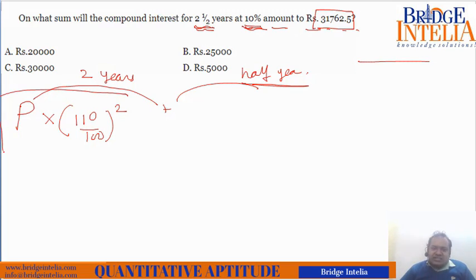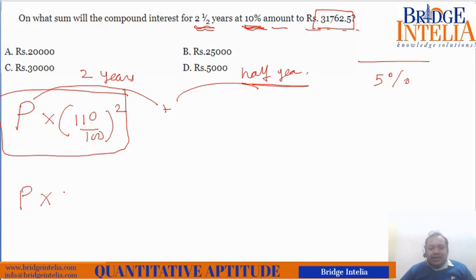So the amount has reached this value already. So what will happen to this amount in the next half year? Interest is 10% for an entire year, so in half a year, the bank will give you only 5%.